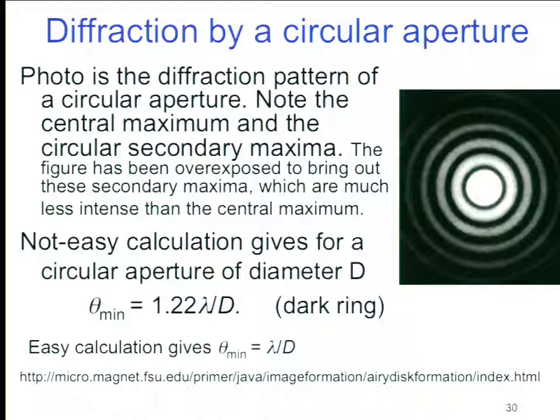Namely, if I have a screen over here, and I draw an arc, the waves along these arcs, from here on out, have the same path length, right? From here or from here. The difference in their path length is the distance from here to here.